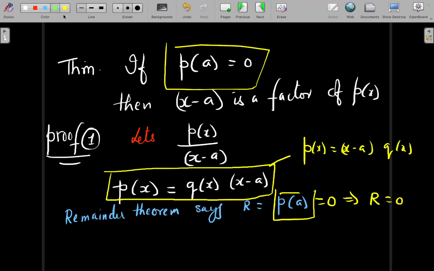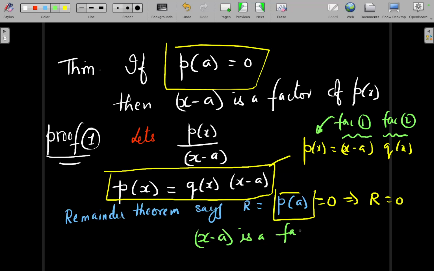Clearly then these are the two factors of p of x, and that would definitely mean that x minus a is a factor of p of x.